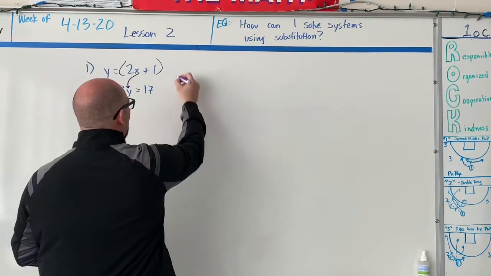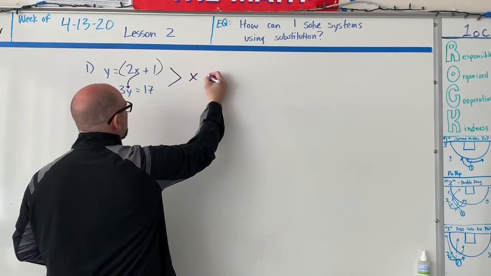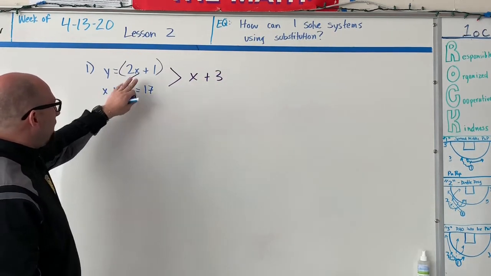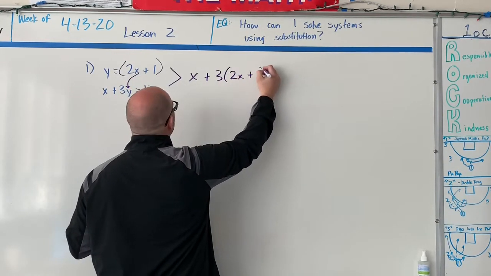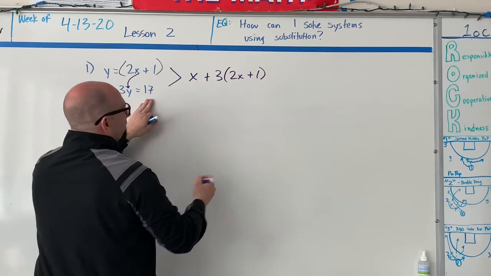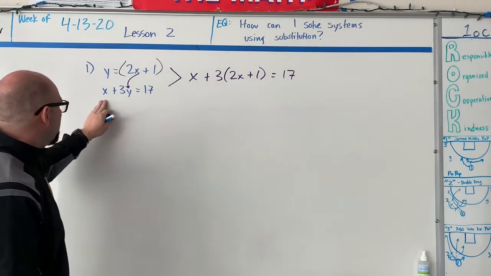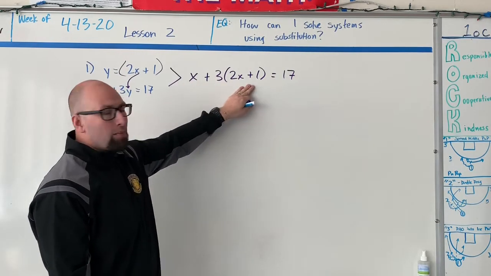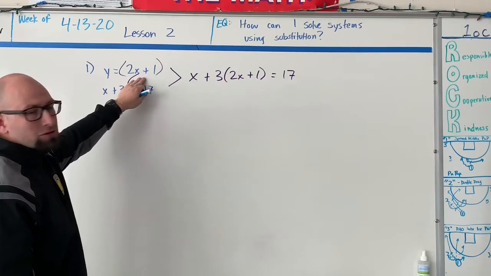So that will be x plus 3, and now we're going to write in parentheses 2x plus 1 equals 17. So we have the same exact equation, x plus 3y equals 17: x plus 3, and remember the parentheses, because y equals 2x plus 1.